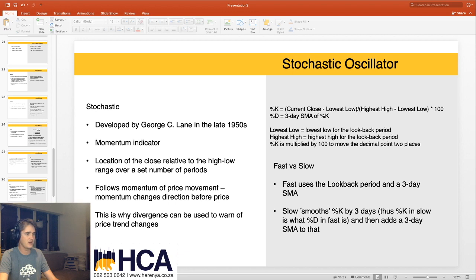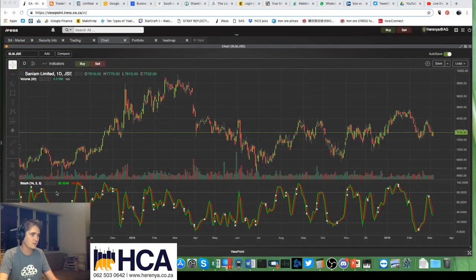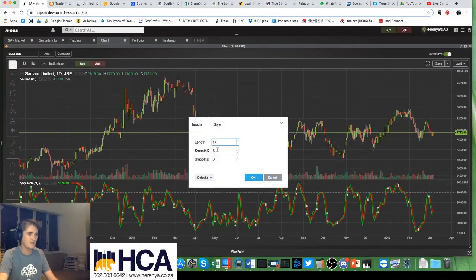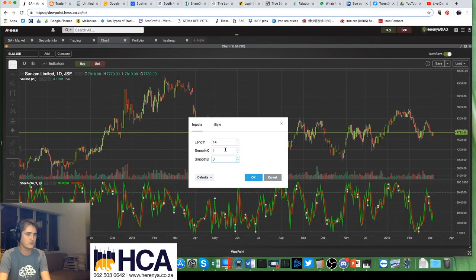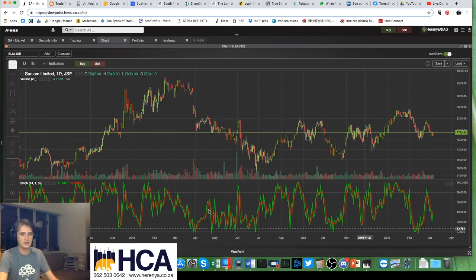If we then apply a 3-day smoothing on the K, like percentage K, we end up with a slow stochastic, and we get a much sexier picture. Again, I'm doing this center screen. I'm going to just add it again. 14, 1, 3 gives us a normal stochastic, so no smoothing of the K line, and we end up with a relatively noisy indicator.